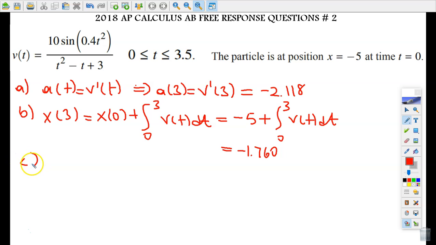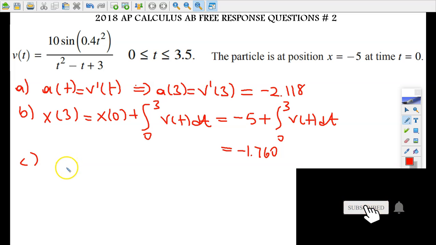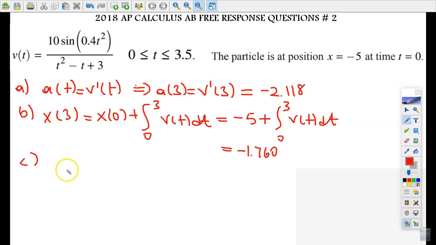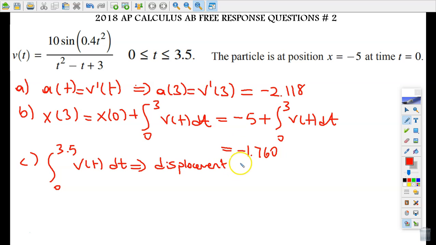In part C it says evaluate the integral from 0 to 3.5 of v of t dt and evaluate the integral from 0 to 3.5 of the absolute value of v of t dt. Interpret the meaning of each integral. The integral from 0 to 3.5 of velocity dt is going to give us the displacement of the particle over the time interval.